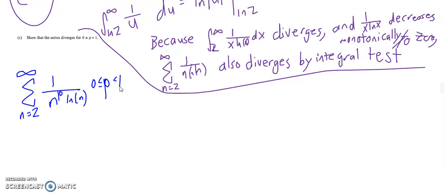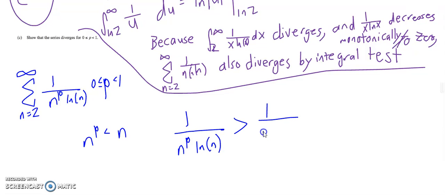Well, that means that n to a fractional power is going to be smaller than just n. Because on these p values, n to the p is actually going to be less than n, which means that 1 over n to the p ln of n is actually going to have a smaller denominator, so it's going to end up a bigger fraction than 1 over n ln of n.